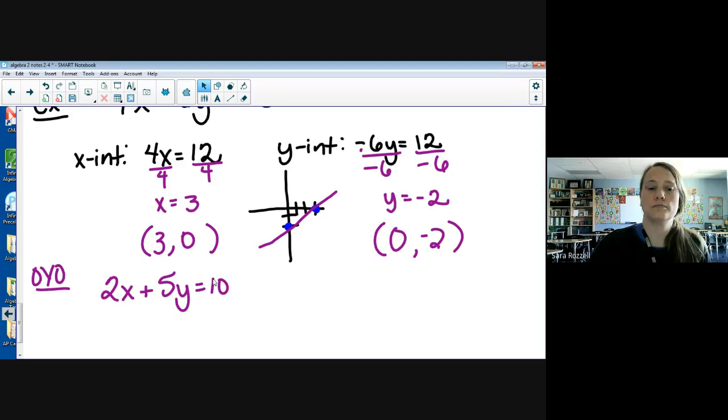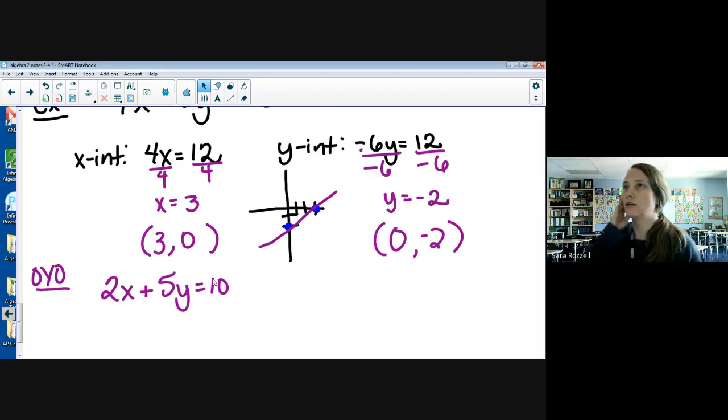Yes, good job. Yes, Abby. Jayla, make sure your x-intercept is the point on the x-axis. So put a point on 5 on the x-axis and then sketch them.